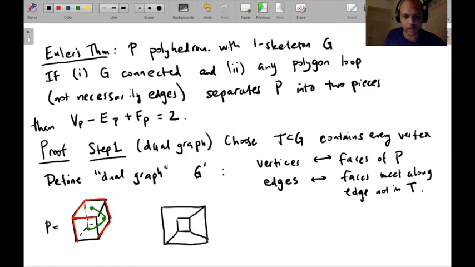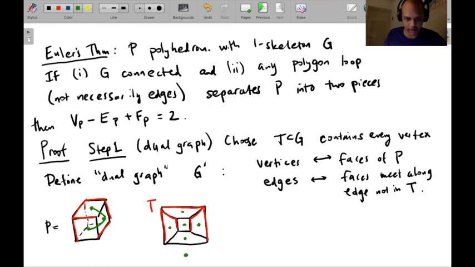So we chose a tree here. Let me choose the same one that's in my notes. Let's choose this one. So that's T, and then we define G prime. This dual graph has vertices for every face of the polyhedron.